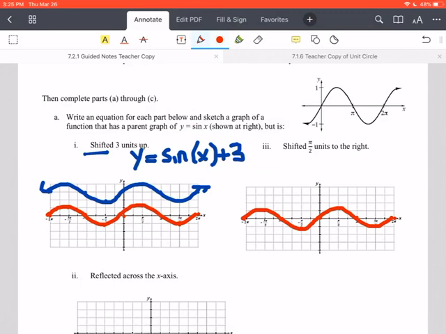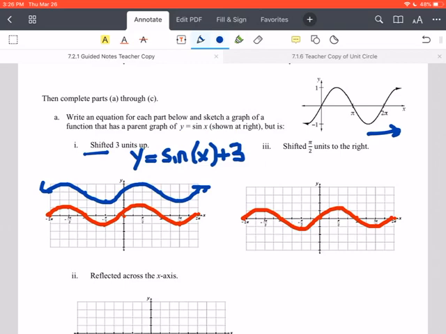Okay, so there is our parent function, but now we want to look at shifting pi over 2 units to the right. So we're going in this direction. I'm going to take every point and literally just move it pi over 2 units.